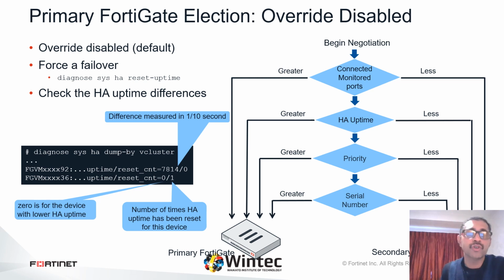In this example, on the bottom left, the device ending with serial number 92 has an HA uptime of 7814, 10 seconds greater than the other device in the HA cluster. The reset count column indicates the number of times the HA uptime has been reset for that particular device. In this case, it is 1.